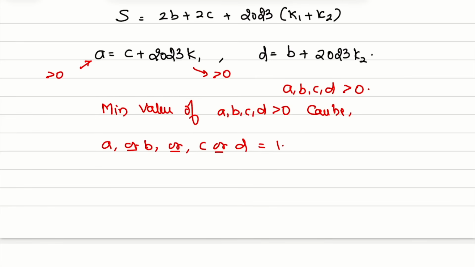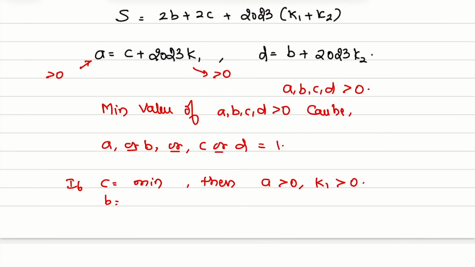If C is minimum, then a to be greater than 0, k1 should be greater than 0. K1 cannot be negative if C is minimum.